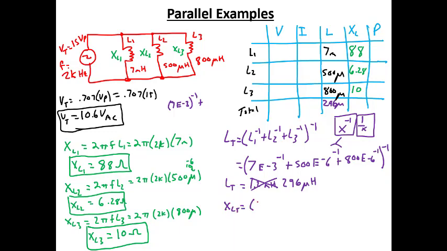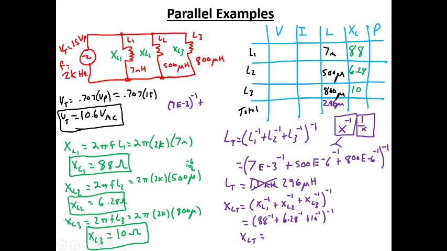All right, so let's do X sub L total next. The formula is X sub L1 to the negative 1 plus X sub L2 to the negative 1 plus X sub L3 to the negative 1, all to the negative 1. So here I would have 88 to the negative 1 plus 6.28 to the negative 1 plus 10 to the negative 1. Let me try that on my calculator.